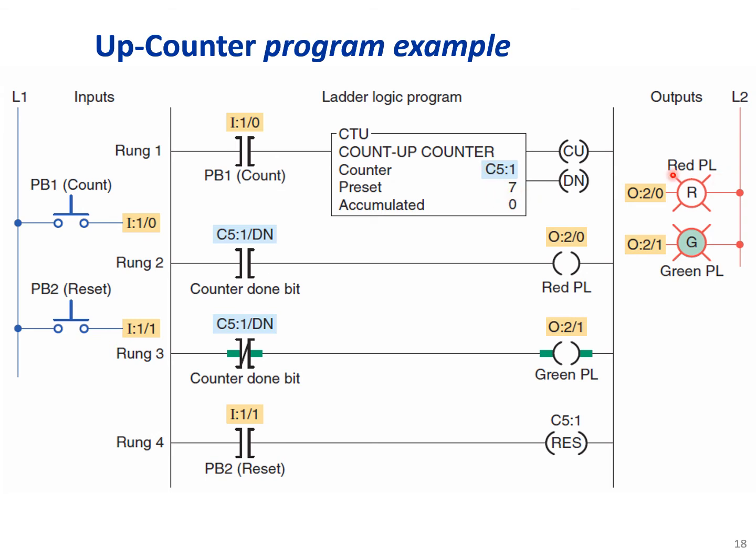We have a red pilot light and a green pilot light. Once the counter is done, so once the accumulated value reaches the number 7, the done bit of the counter will be true and the red pilot light will be on.